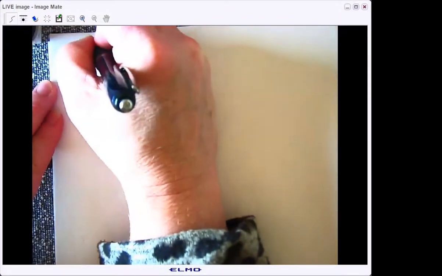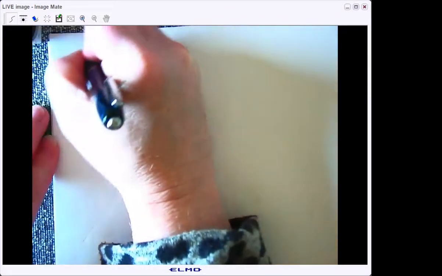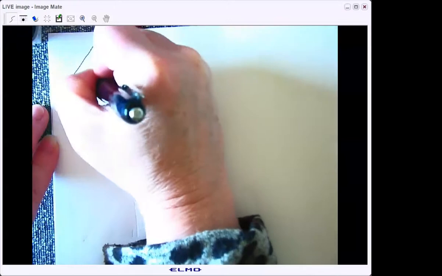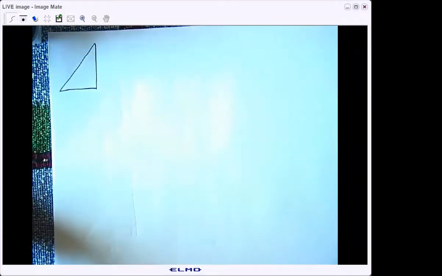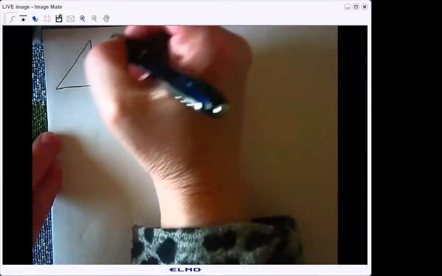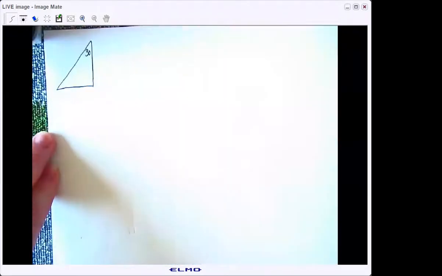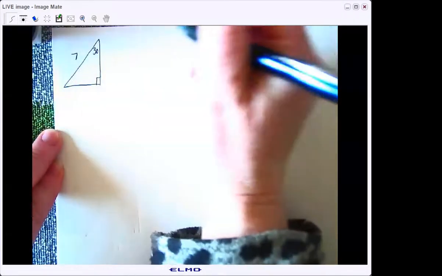Okay, next example. So this is my 30-degree angle. This one's very similar to what we just did, but it doesn't give us a nice number.